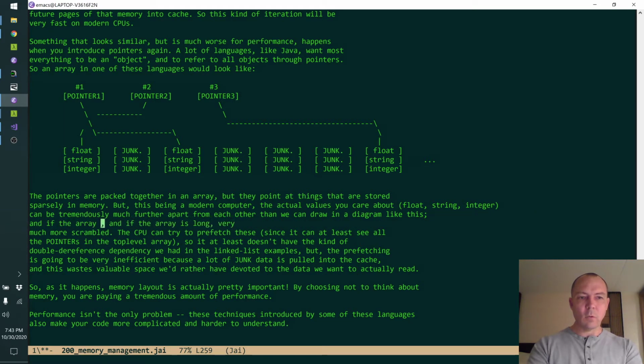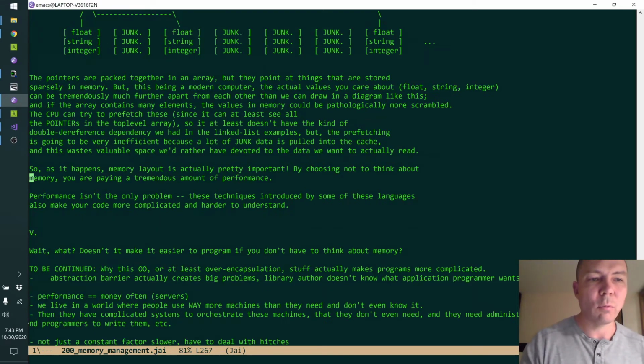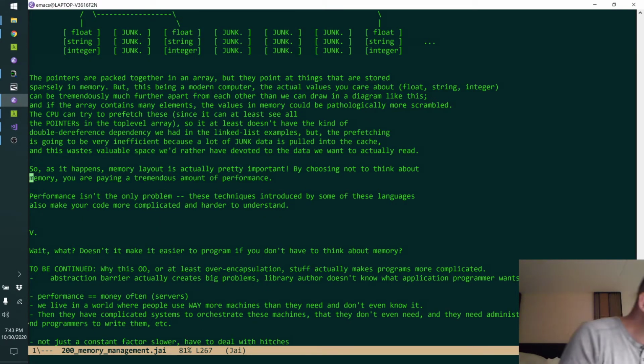And if the array contains many elements, their locations in memory could be pathologically more scrambled. I'm going to do a whole pass on rewriting this at some point in the future. Prose here is not great.